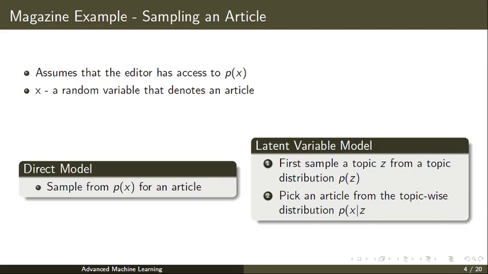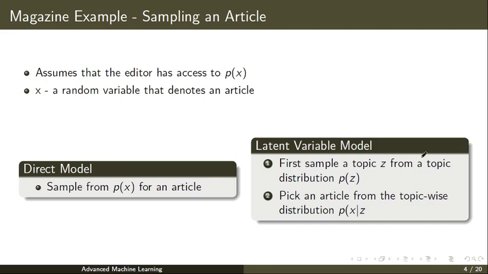Then, based on the property of your magazine, you have to sample a topic, and by using that topic, you can pick an article from the topic-wise distribution.